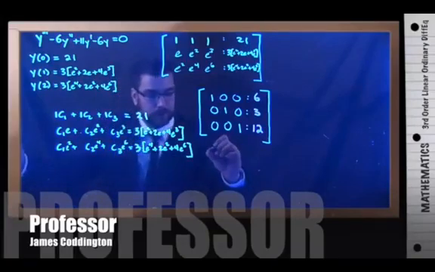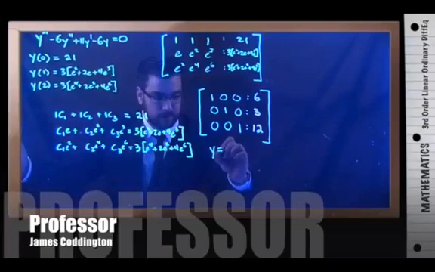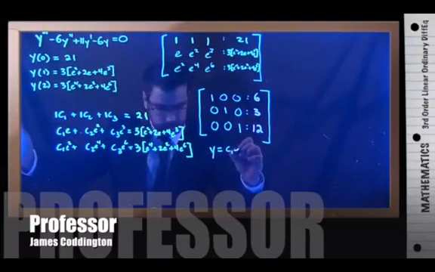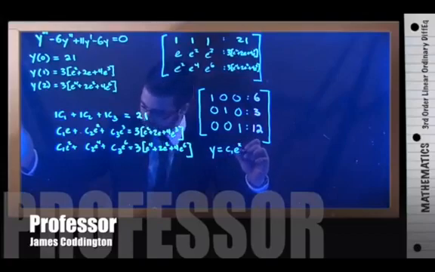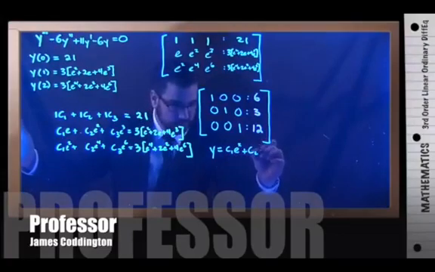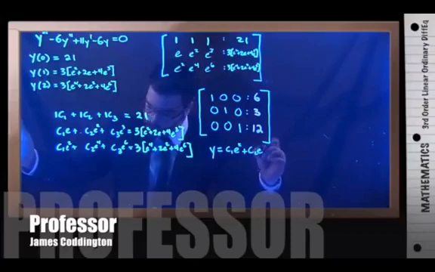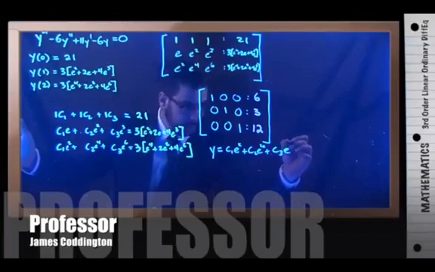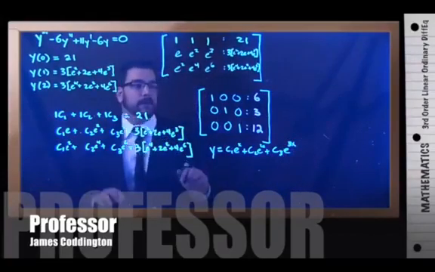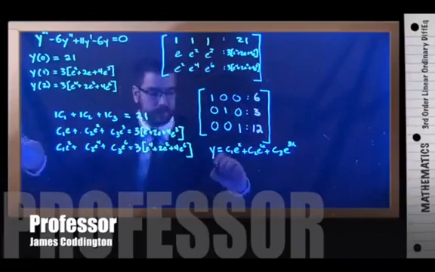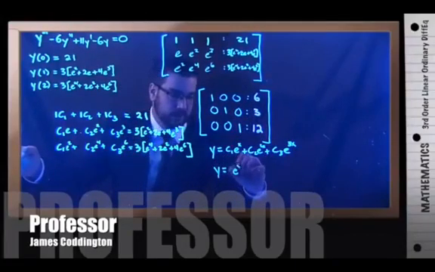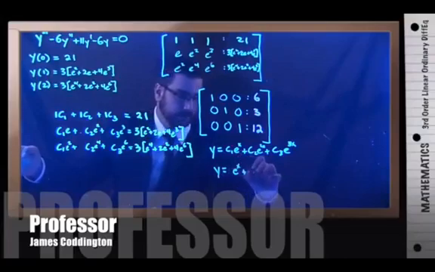So if you recall, the general solution was the following: C1 e to the x plus C2 e to the 2x plus C3 e to the 3x. But we now know C1, C2, and C3. So the actual equation, I'm going to leave out the constants in a second and put them in at the end.